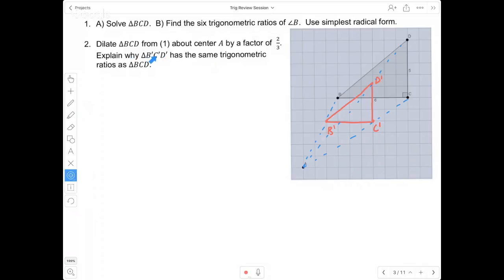Then I'm going to explain why triangle B prime, C prime, D prime has the same trigonometric ratios as triangle BCD.